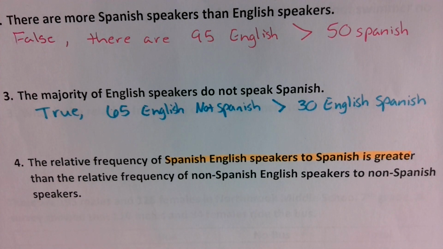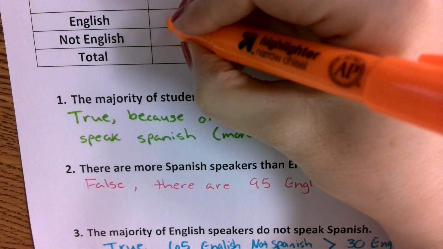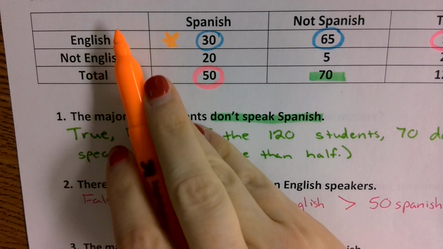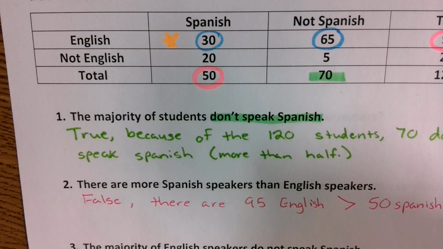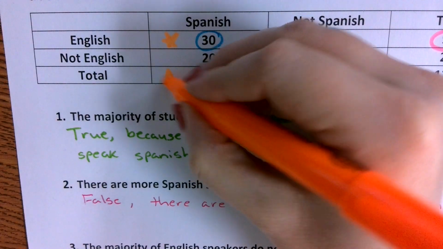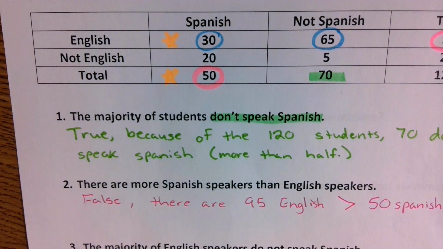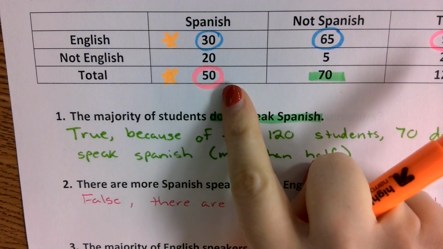Spanish and English is going to be that 30, compared to just our Spanish speakers, which is going to be that 50. That's the Spanish total. So we're comparing the 30 to the 50.